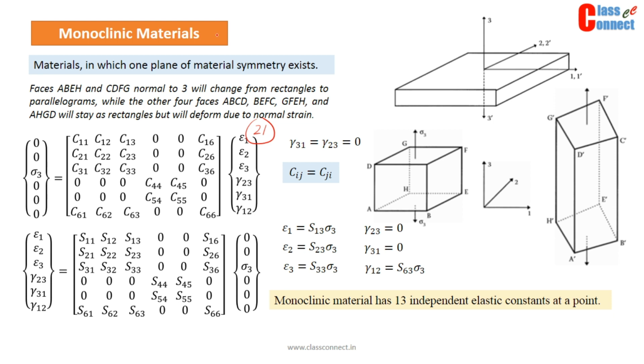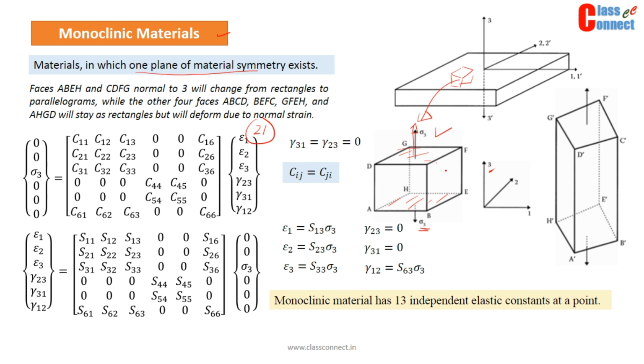In monoclinic material, there is one plane of material symmetry. If we have this type of material and we take a small element and apply the stress in the z direction, the third principal axis, and the material is monoclinic, then this face where sigma 3 is applied, and this face, will be deformed like this, and the other four faces will remain rectangles.